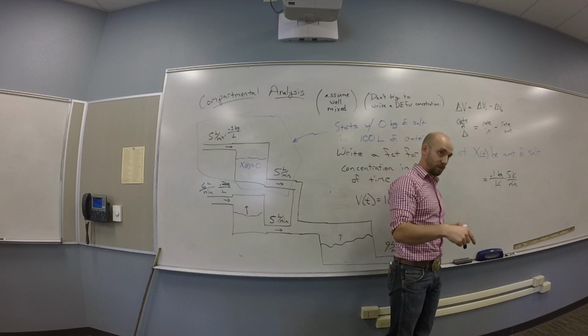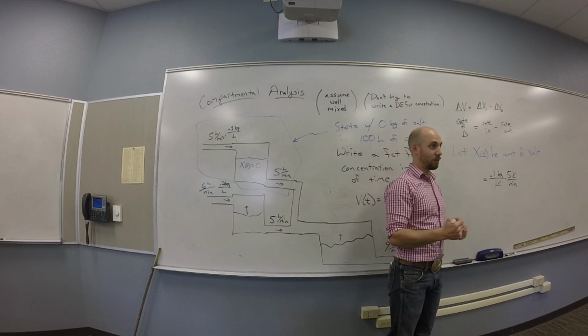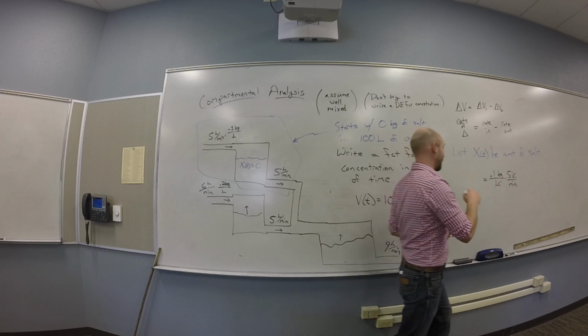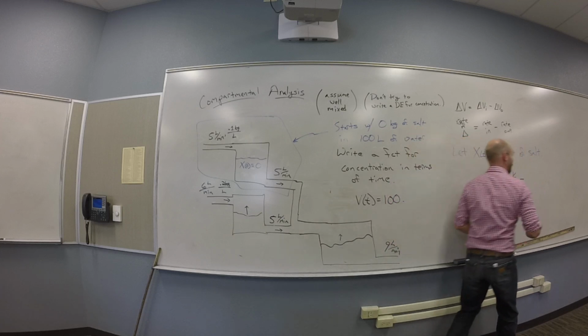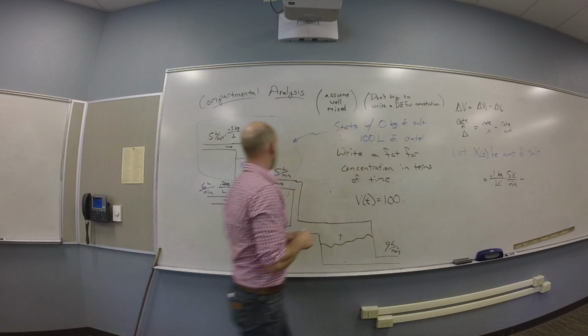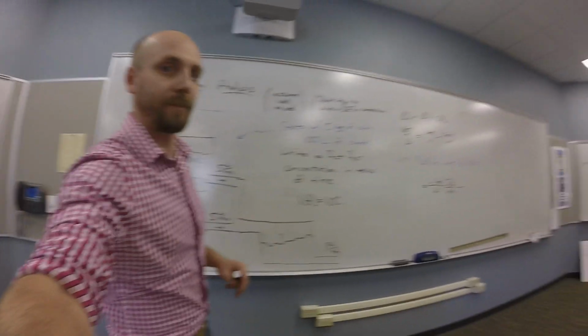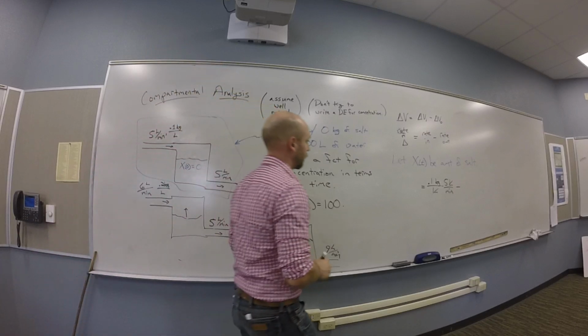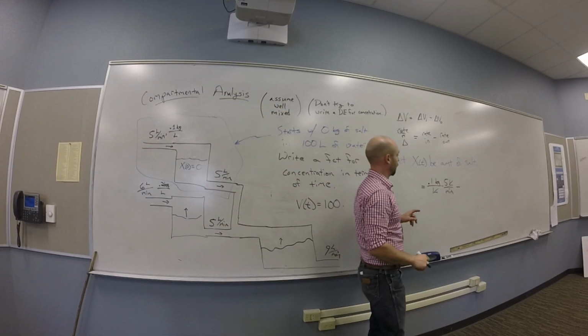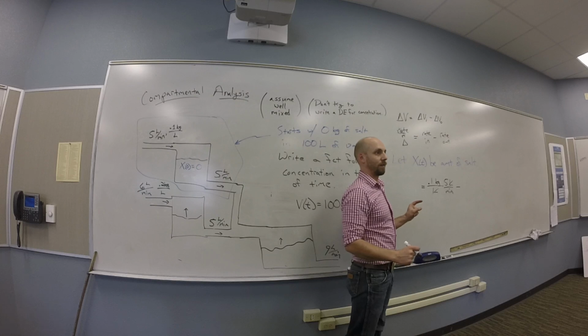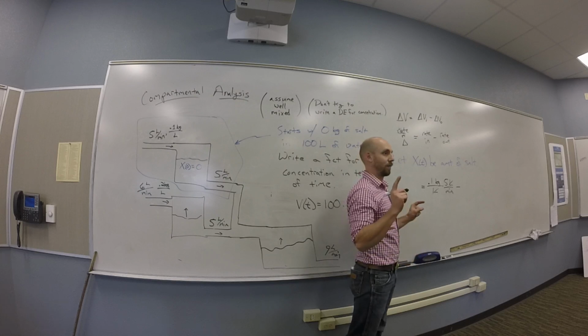What's going out? Okay, how about the left-hand side? Are you just doing this for that first tank? Yeah, I'm just doing this first tank up here. You can forget the other 2 for a minute. So that's going to be 5 liters per minute times whatever the concentration of salt is in the tank.